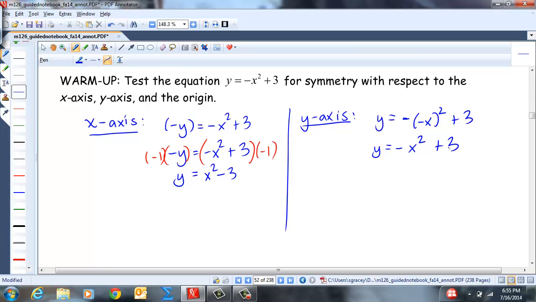And that is indeed what we started with. So the graph is symmetric with respect to the y-axis.